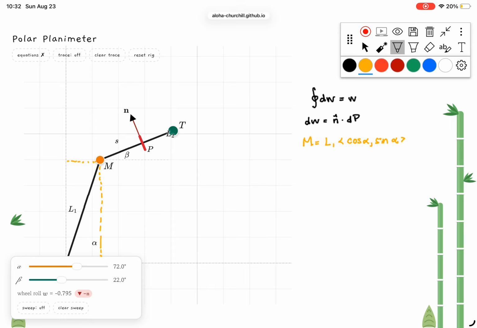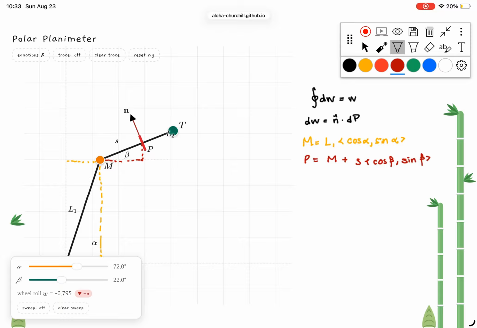Then we can say that P is equal to M plus S times the vector cosine of beta this time, and sine of beta as the y component by the same logic.